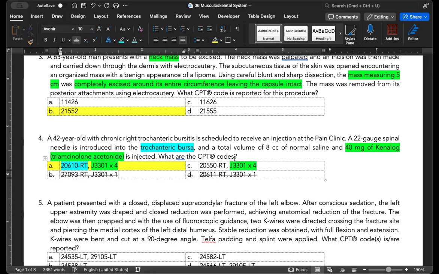Now, if you want to, because we've seen this question next to the 20610, if you think, hey, I might see trochanteric bursa and I may not remember that that's the shoulder, you can also write next to it trochanteric bursa. So you can write anything and everything you want. As you're going through practice questions and practice exams, if there's anatomic information that you may not remember on the exam, you can write those terms. Now, you can't write the question.